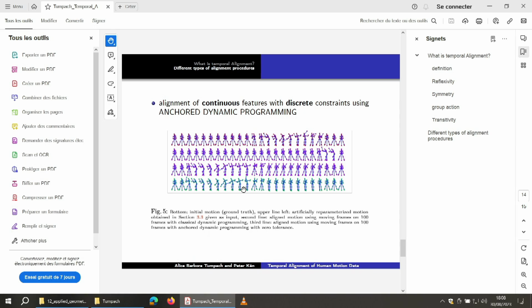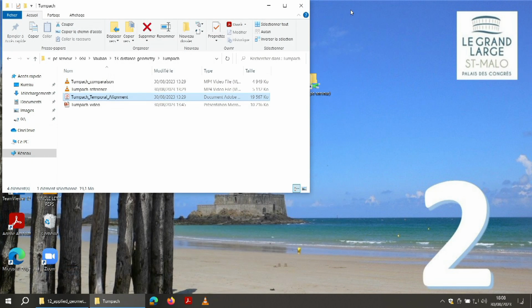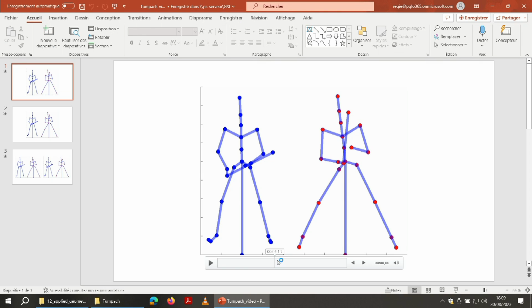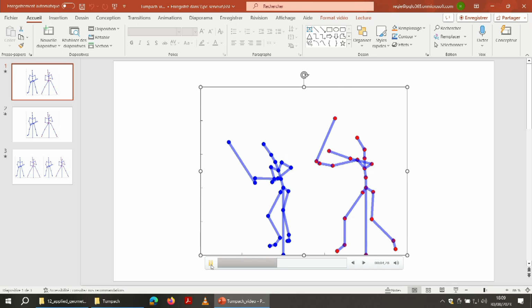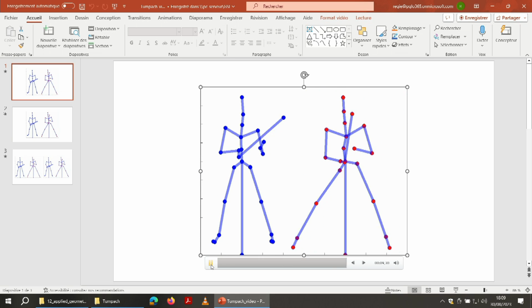So now let me escape here, perhaps I can close it or make it small, and I will show you a video. Hopefully it will work. Okay, so that's two different players performing the same action at their own rate. So the first one is starting, the second one is starting a bit later, and we want to align these two different movements.